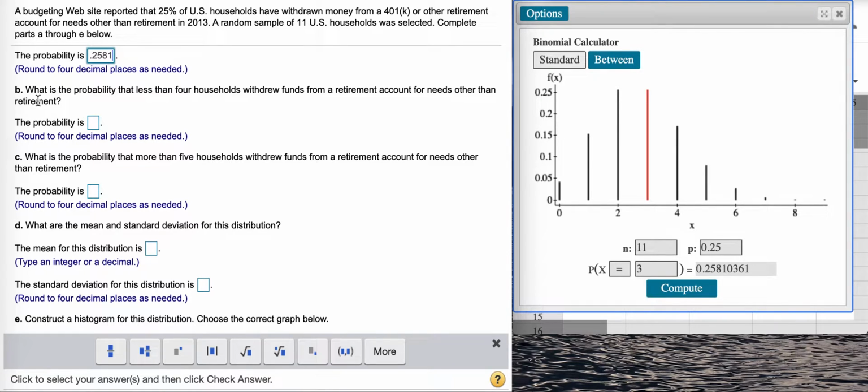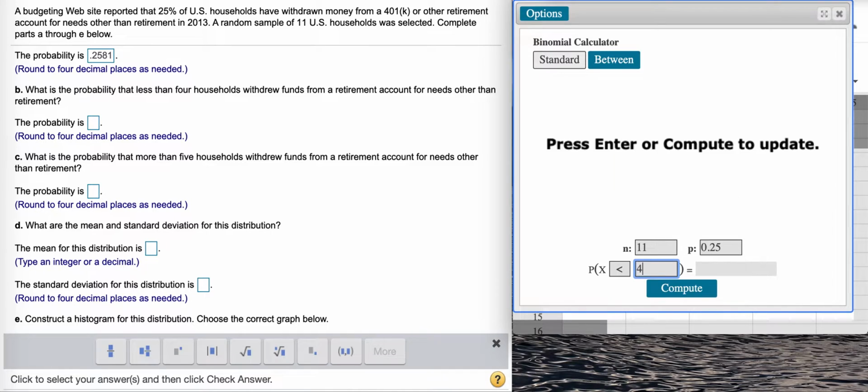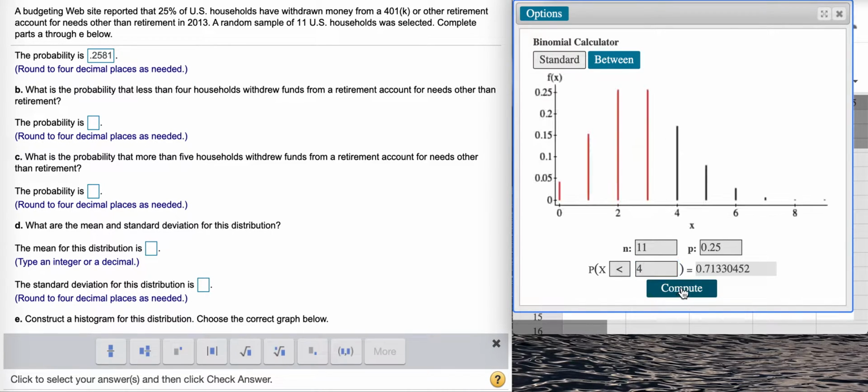Part B, what is the probability that less than 4 households withdraw funds? So less than 4, so I'll choose less than and enter 4 and compute. And so less than 4 doesn't include 4, it's less than 4. So the possibilities there would be 3 households, 2 households, 1 household, or 0 households.